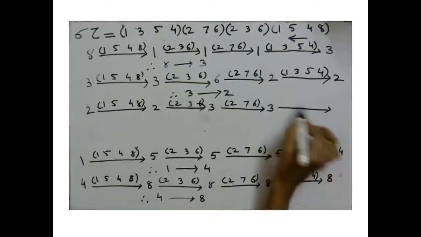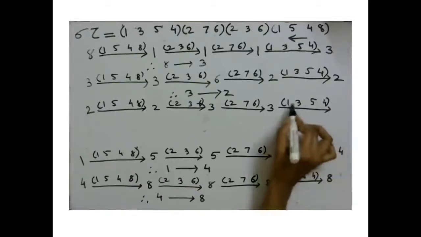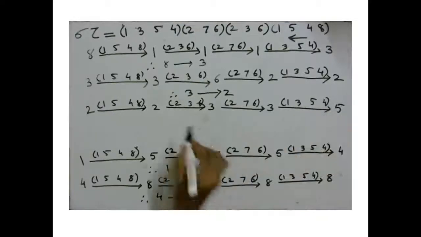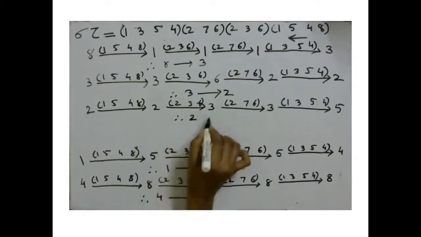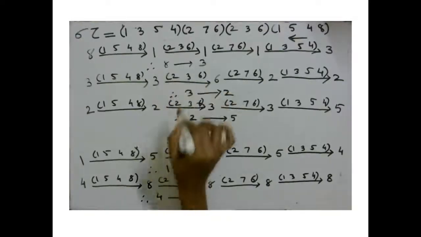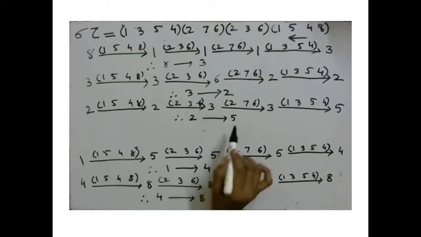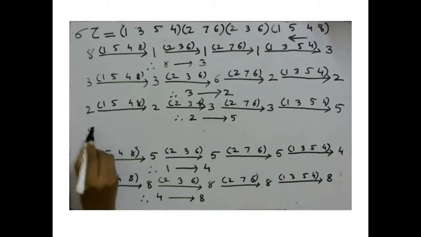And in the cycle 1, 3, 5, 4, 3 goes to 5. So therefore 2 goes to 5. So 1 is mapping to 4, 4 to 8, 8 to 3, 3 to 2, and 2 is mapping to 5. Now let us see the image of 5.